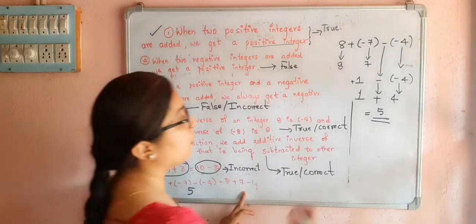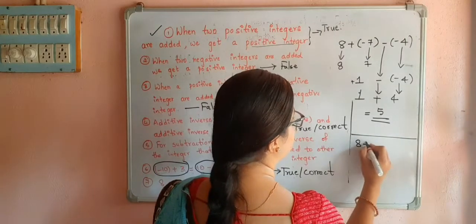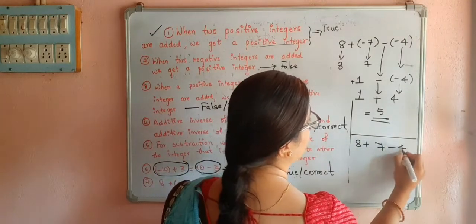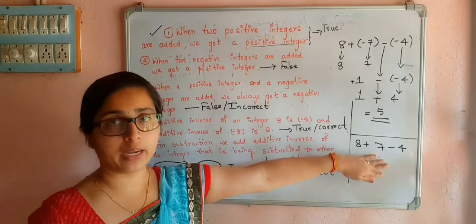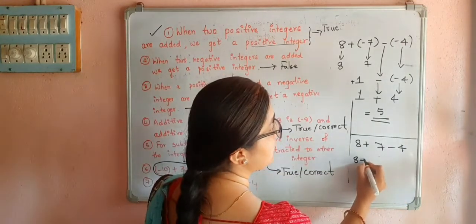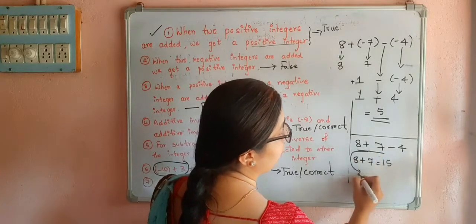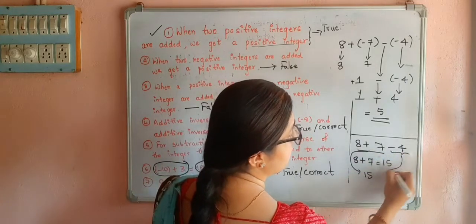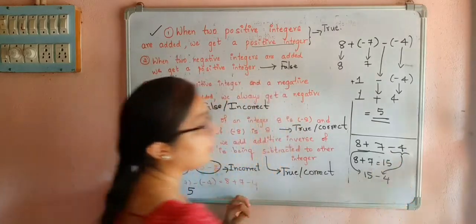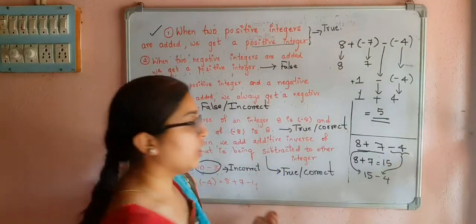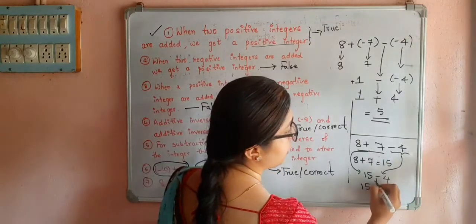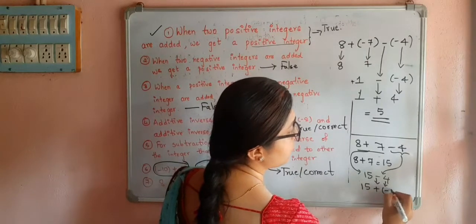Now 8 plus 7 minus 4. First let me solve 8 plus 7. You know that is 15. Now take this as it is, 15 minus 4. What is 15 minus 4? We can also convert this to addition, taking the additive inverse of 4.